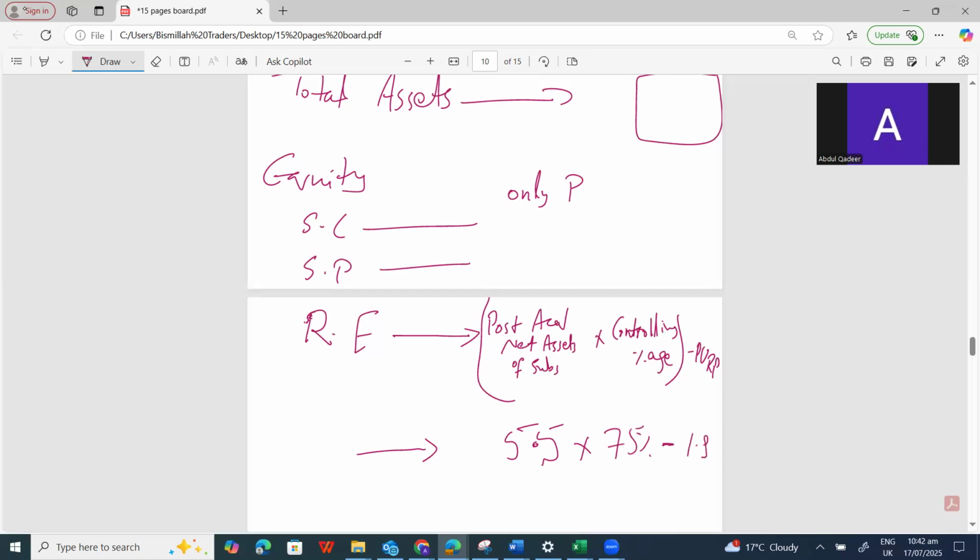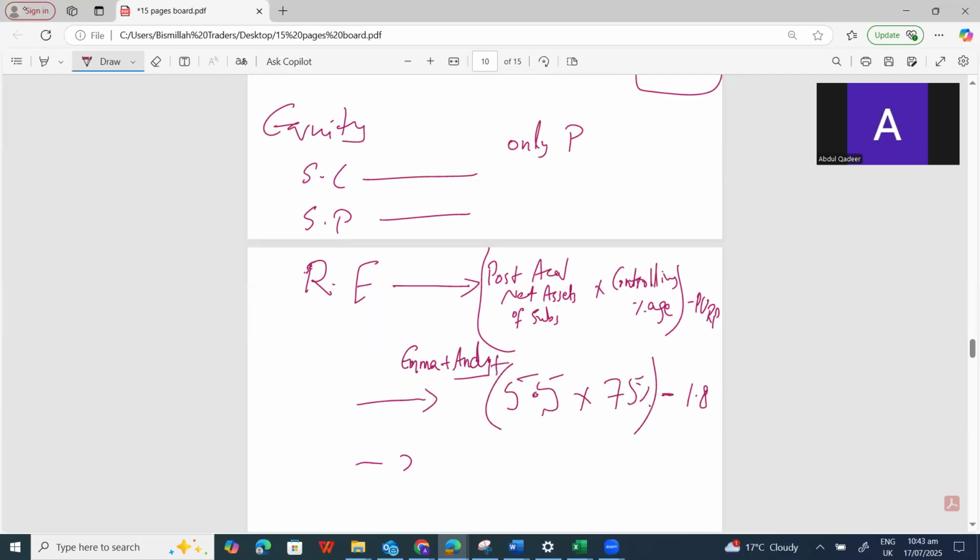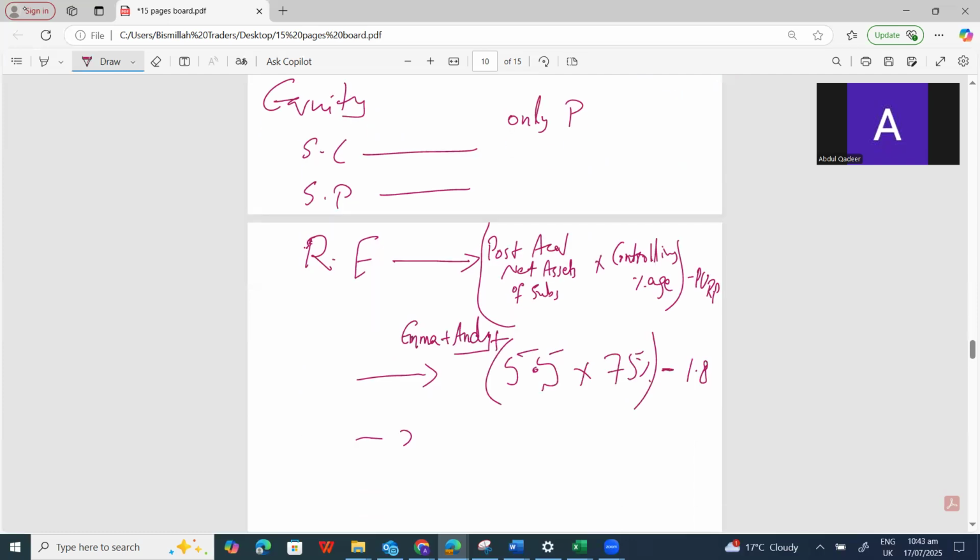For retained earnings, you know parent Emma, plus ND, which we calculated in the previous lecture. Now we are calculating for Julie Limited: Emma plus ND plus Julie. Here 5.5 multiplied by 75%, and you have to calculate this, please.